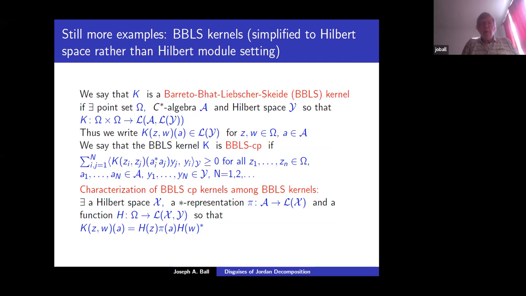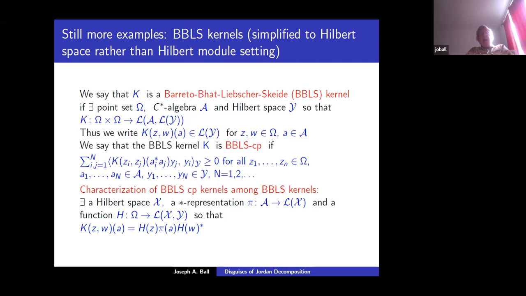So I hope everybody knows what a C star algebra is. Concretely, it's a subalgebra of operators on the Hilbert space, which is also closed under taking the adjoint.